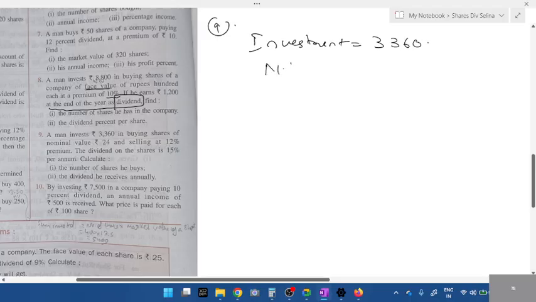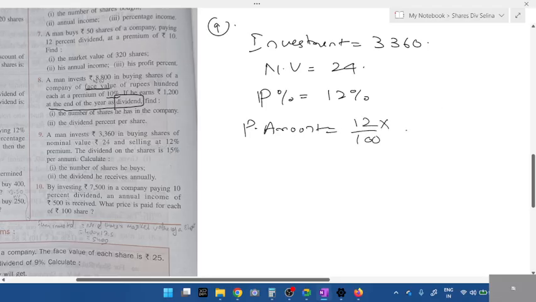Nominal value is, selling at 12% premium. Premium percentage is how much? Okay. What is premium amount? Into 100? Into 24. See, 12 by 100 into 24.